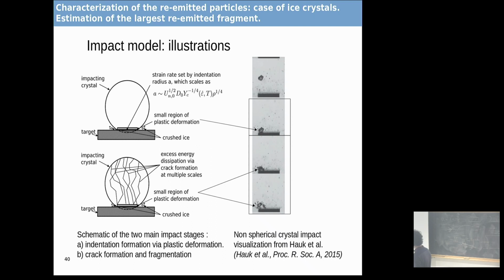So the first step is to estimate the indentation radius. Since the strain rate is the inverse of a time, we have a radius and a velocity. Velocity is taken equal to the normal impact velocity of the particle, and we are able to build a characteristic time scale and then an estimation of the strain rate.